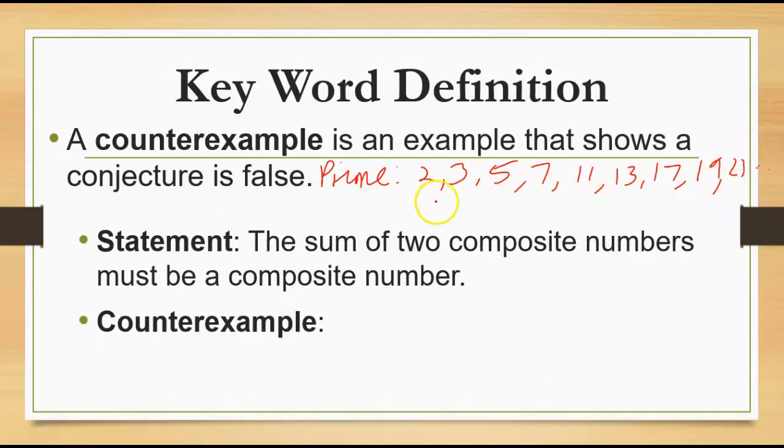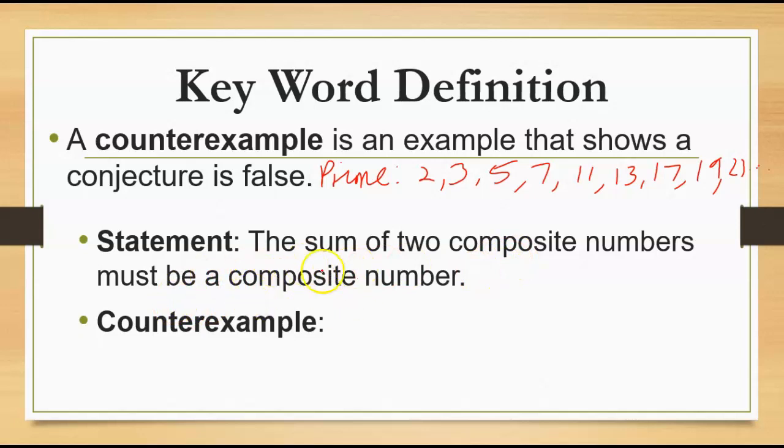So if it's saying that the sum of any number that is not prime is composite. A number can be either prime or composite, which means any number that has at least one other divisor is a composite number.